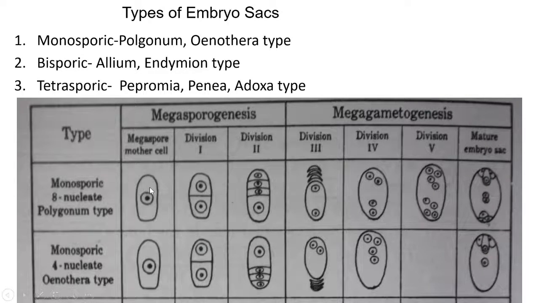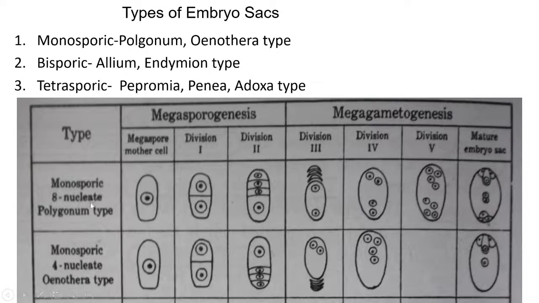When the diploid megaspore mother cell develops into haploid megaspores, this process is called megasporogenesis. And the development of the embryo sac from the functional megaspore is called megagametogenesis. That means in the development of the embryo sac, these two phenomena occur: megasporogenesis and megagametogenesis.